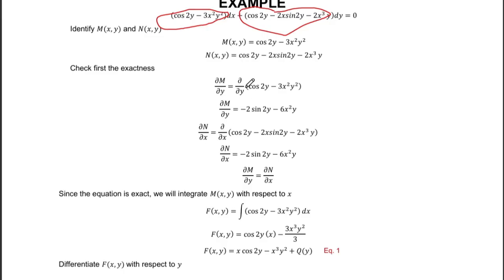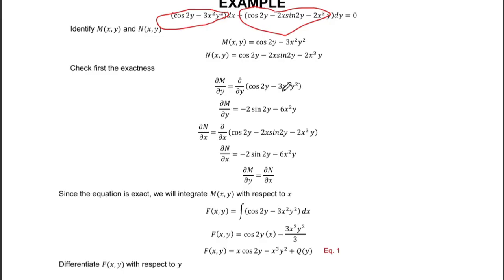When you get the partial derivative of the function M with respect to y, we have cosine 2y minus 3x squared y squared. So we obtain negative 2 sine 2y minus 6x squared y.